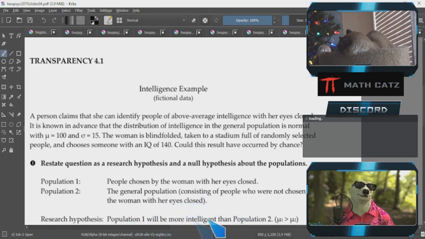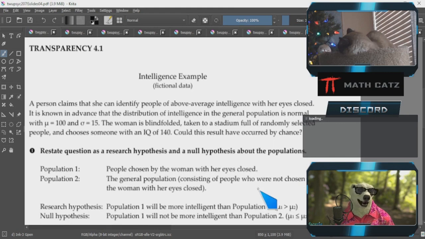And my research hypothesis in this case is going to be population 1, people chosen by the woman, will be more intelligent than population 2. That's her claim. That's what she wants to be true. Are people selected by her more intelligent than people in general? That would prove her claim, she hopes.